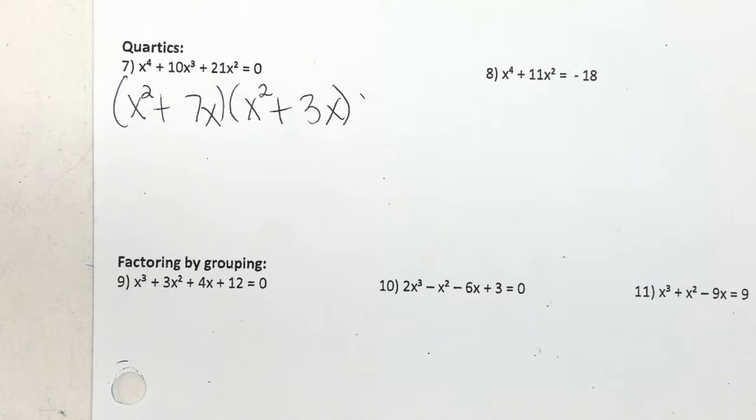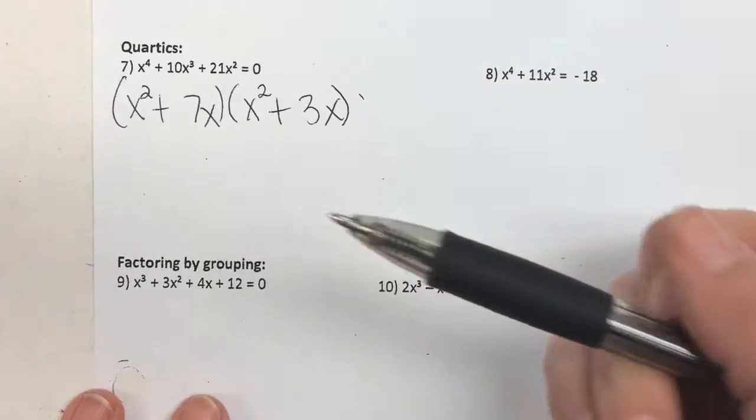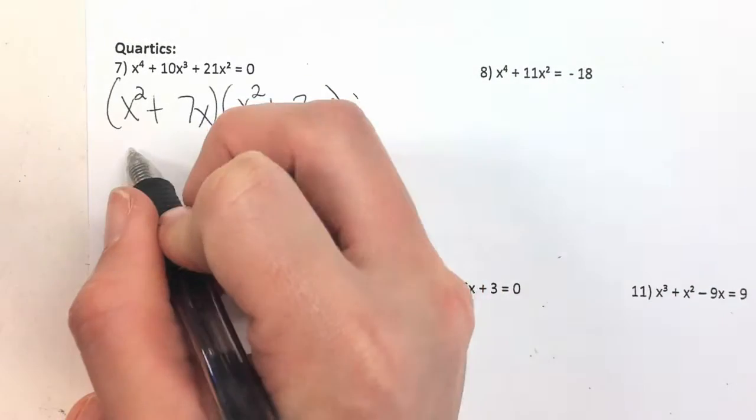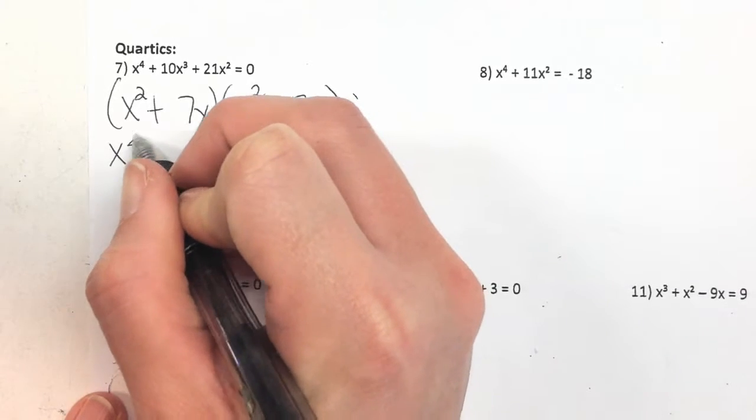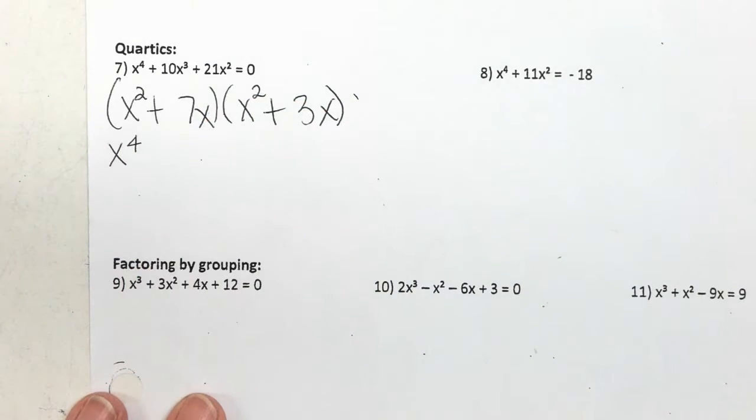How would I check if this is correct? Let's pull it out. So Tyler, tell me what my first terms would be multiplied together. X what? Good. Morris, what's going to be my outer terms? You know this. Don't be shy.